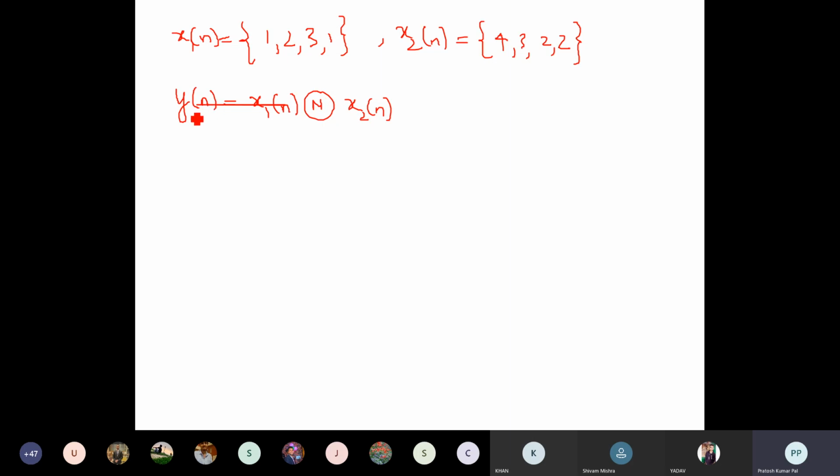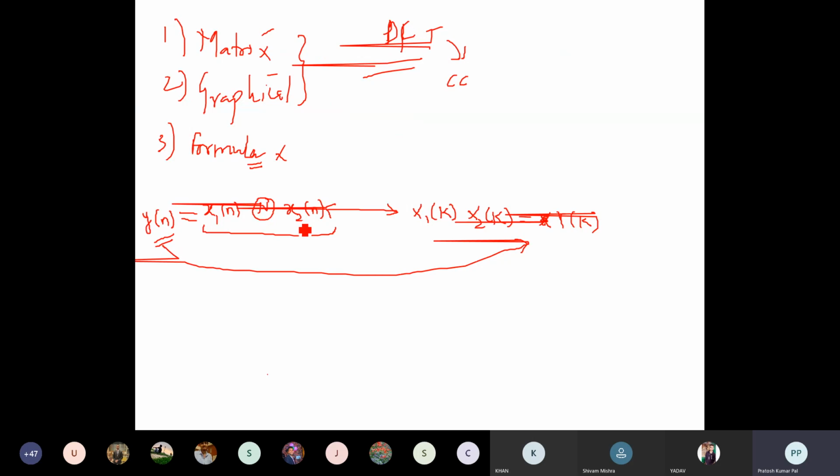So with the help of the DFT we can find out the circular convolution easily. Earlier, what method did we see? By using either the matrix method or the graphical method, we can find out the circular convolution. But here, by using the DFT method, we can find out the circular convolution. We will take the DFT, and this will be the multiplication.